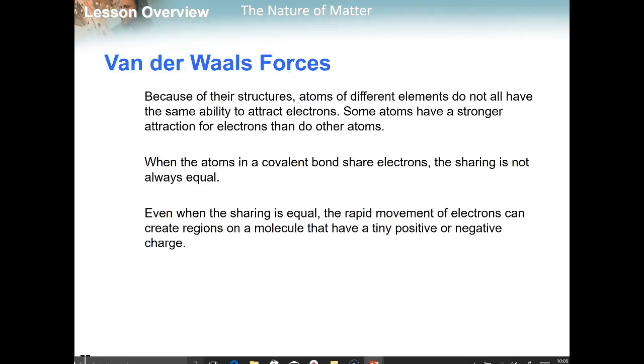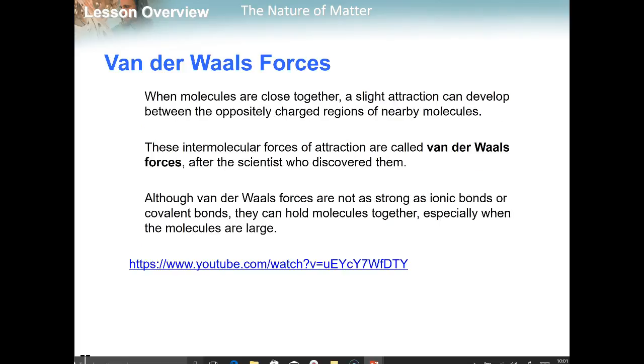Because atoms of different elements do not have the same ability to attract electrons, some atoms have a stronger attraction for electrons than other ones. And even when sharing is equal, there's a rapid movement of electrons that can create regions on a molecule that have a tiny positive or negative charge. And these are called van der Waals forces.